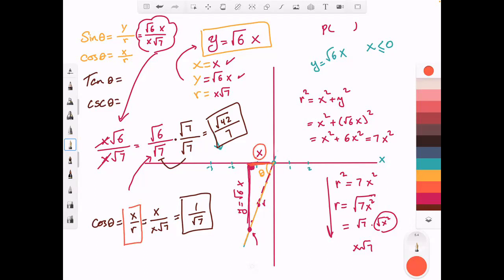If you forgot about that, same as me, I forgot about that. But I'm going to irrationalize this one. I'm going to multiply by root 7 over root 7. Then I will get root 7 over 7. We are in quadrant 3. In quadrant 3 cosine is negative, so you need to put negative. On this quadrant, cosine and sine, both of them are negative.